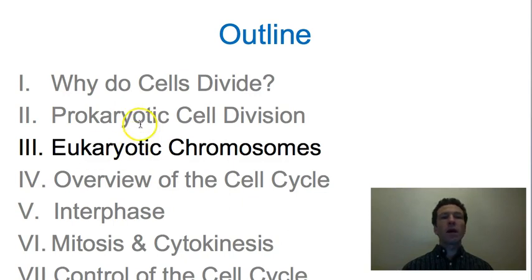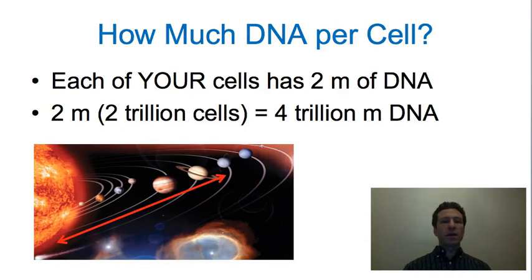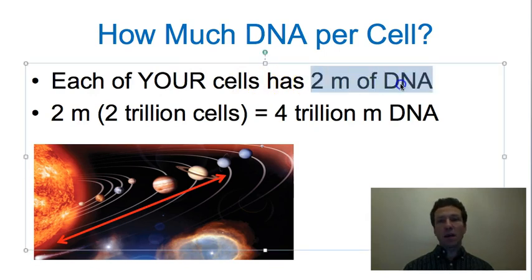Let's now think a little bit more about the structure of eukaryotic chromosomes. First, let's emphasize that there's a lot of DNA in our cells. So every single cell in your body, or at least all of your somatic cells, have about 2 meters of DNA. That's long.